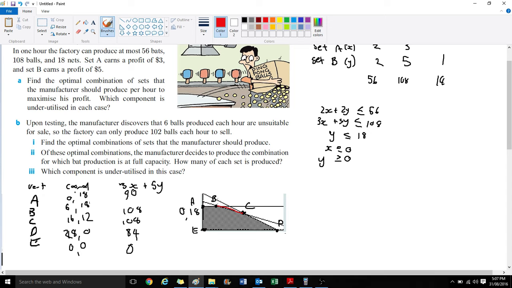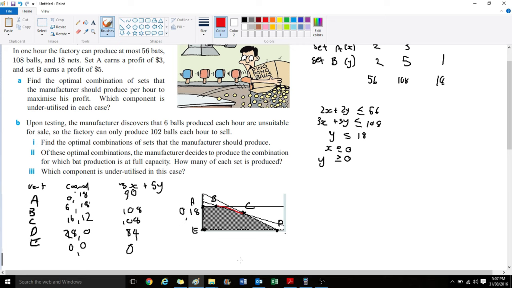Now if there are going to be multiple solutions, this line will have the same form or be parallel to one of the constraints. We can see here we've got 3x plus 5y. We can see over here we've got 3x plus 5y. That tells us on that line there could potentially be other solutions. We need to investigate this further.